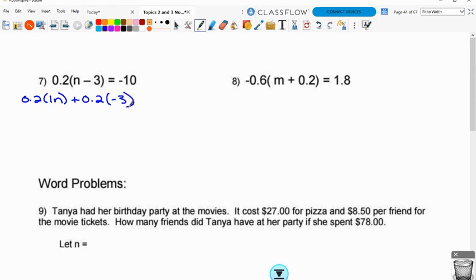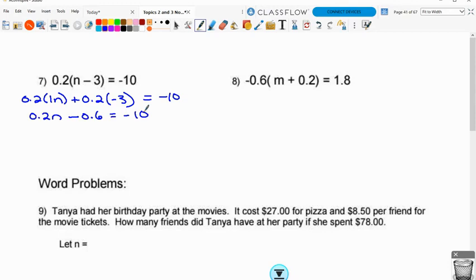And again, the answer to the equation is negative 10. So if you multiply 2/10 times 1n, that's just 2/10 n. And then if you do 2/10 times -3, you're going to get -6/10. So 2/10 n minus 6/10 equals -10. And that is your two-step equation. So we have to get the variable term 2/10 n by itself.